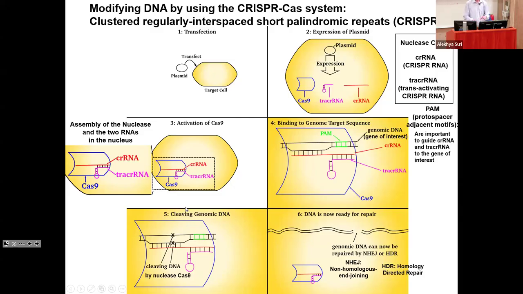This complex, nuclease together with the RNA, goes to the site of interest and makes a specific cut in DNA.